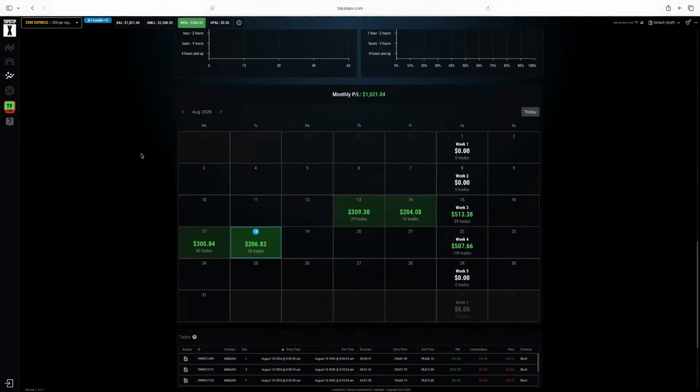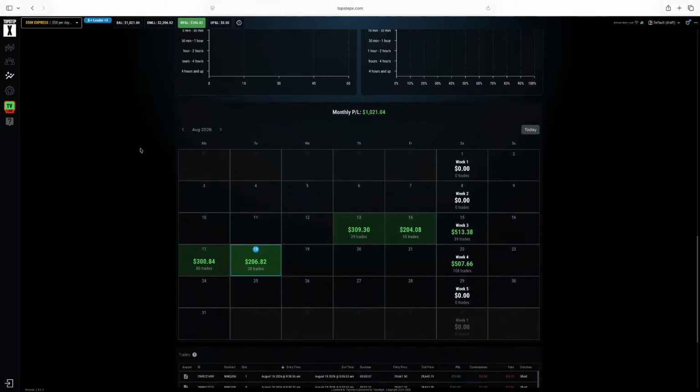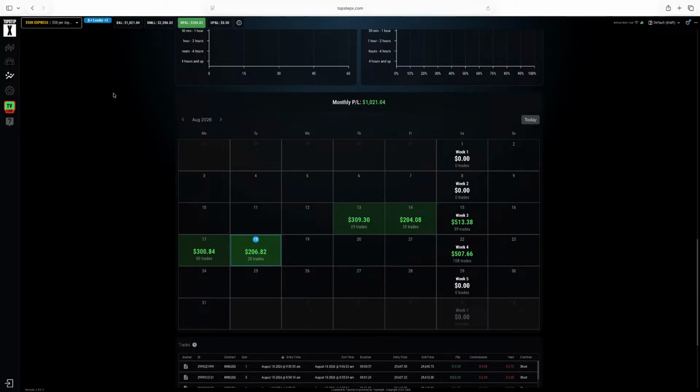So the calendar here. These have 4 days, just 4 days on these guys.